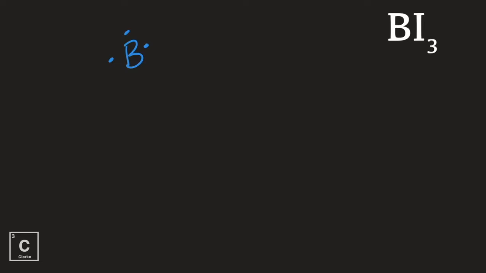And since boron only has 3 valence electrons, it can only make 3 bonds. I know, boron, weird. So boron has 3 valence electrons and iodine has 7. 7 times 3, we've got 21, plus boron's 3, we have 24 electrons to play with.